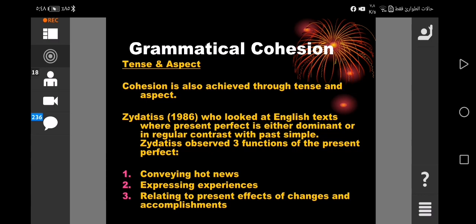Zydetis observed three functions for present perfect. When present perfect is used in the press, in newspapers, it may convey hot news, it may express experiences, it may relate to present effects of changes and accomplishments.